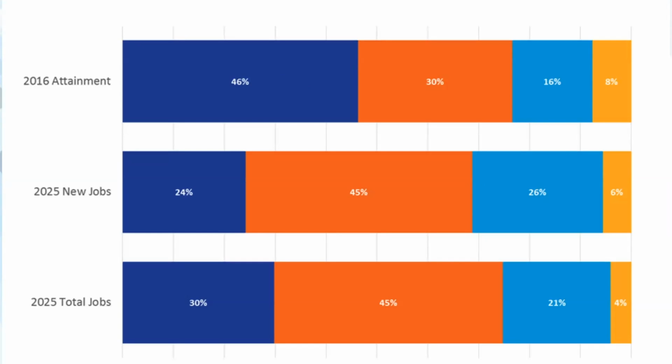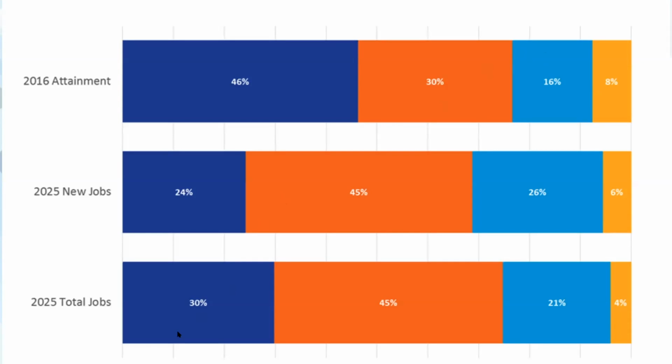The next orange box, 30%, is the number of adults with an associate's degree, a 1 or 2 year certificate, or a credential that they may have earned through a tech center or some kind of skill or trade program. Then that light blue box is bachelor's at 16%, and the 8% at the top is those with a graduate degree. That is what the adults in Oklahoma had attained in 2016.